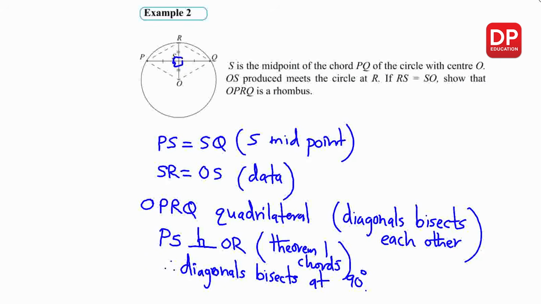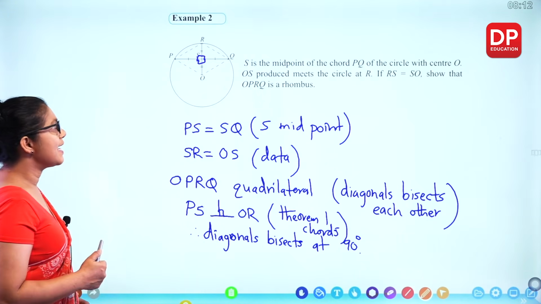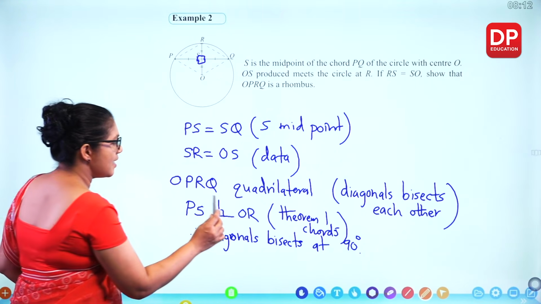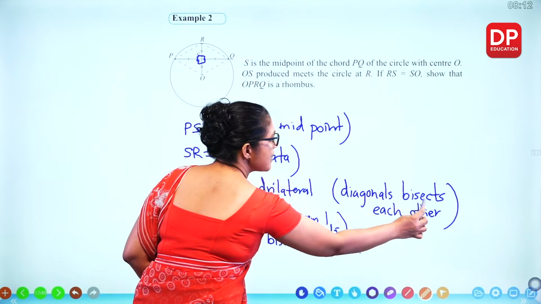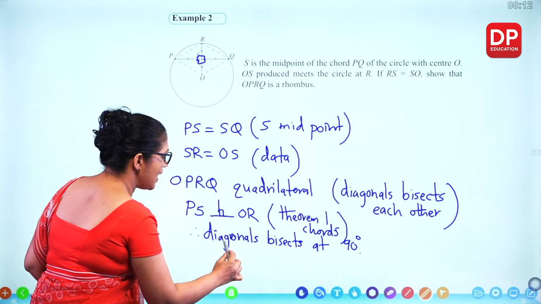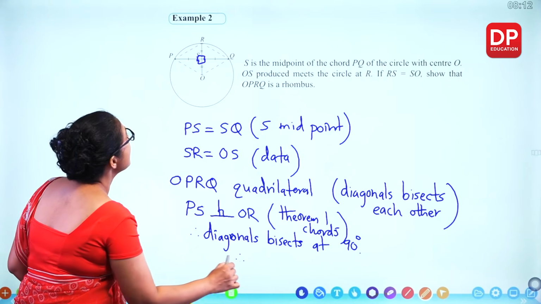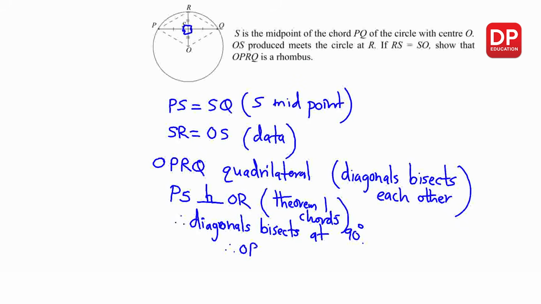So when you look at this property, what can you say about the PRQ quadrilateral? We can say this is a rhombus. So here with these two diagonals bisect each other as well as diagonals bisect at 90 degrees, we can say OPRQ is a rhombus.